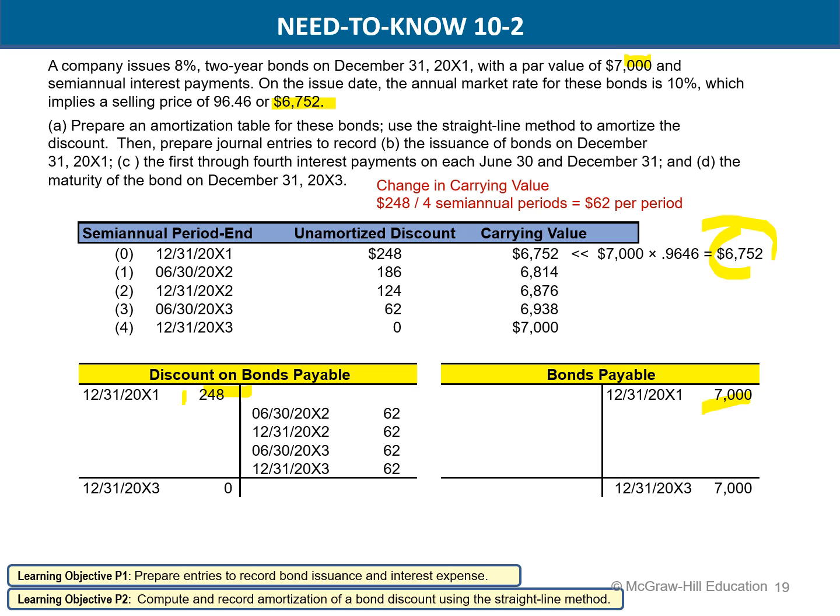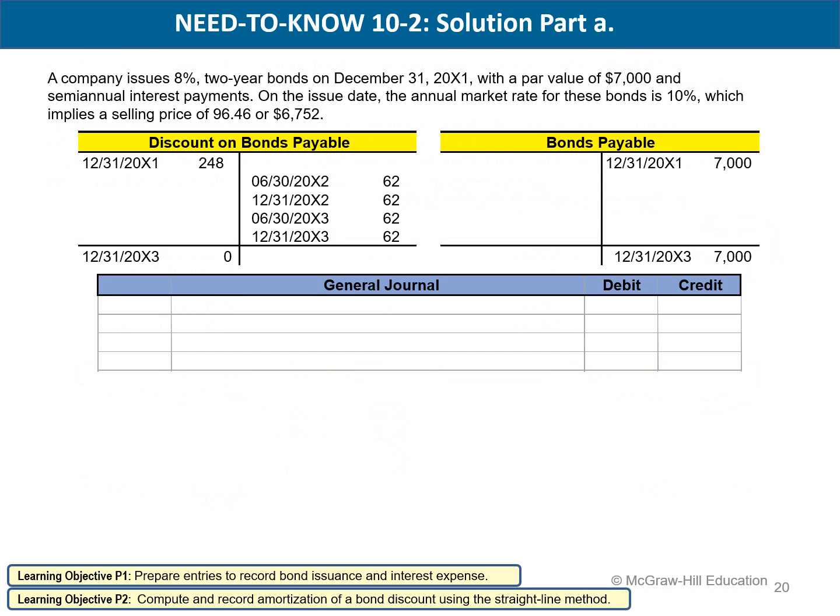And then every period, every time we make an interest payment, we're going to credit our discount on bonds payable to take that to 0. And so our journal entry for the issuance is going to be a debit to cash for the $6,752, the discount on the bond for $248, and our bond payable credit for $7,000.